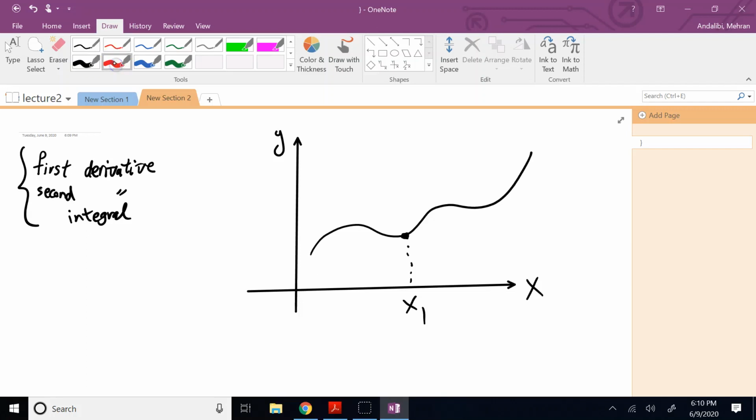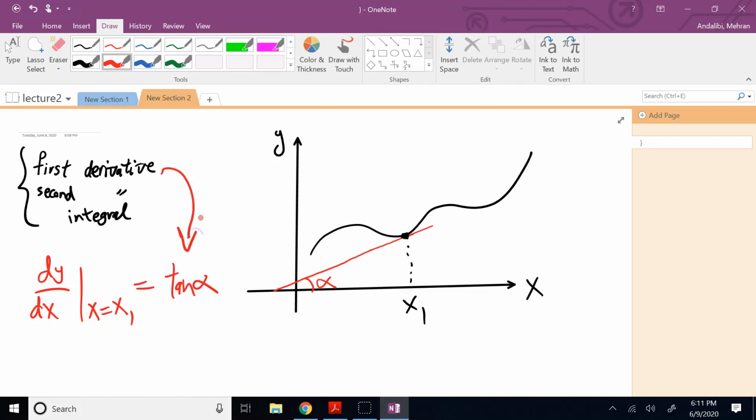Well, we know the first derivative means what? The tangent line, the slope of the tangent line. So if I draw a tangent line to this curve, the slope of it, which is also the tangent of the incident angle alpha, right? So dy over dx at point x equal x1 is equal to what? Tangent of alpha is the slope of the tangent line. That is the first derivative.